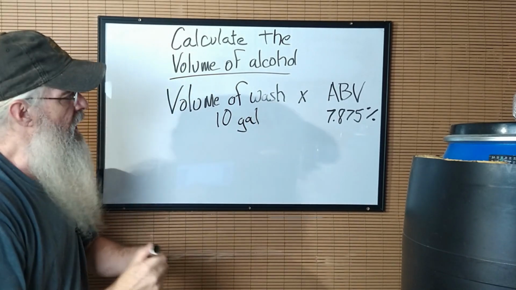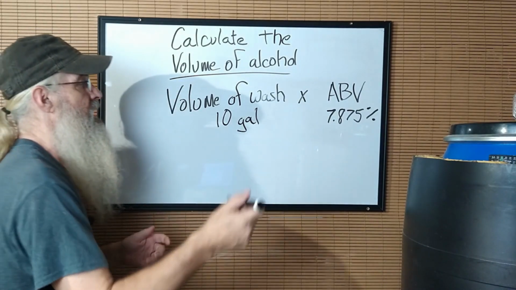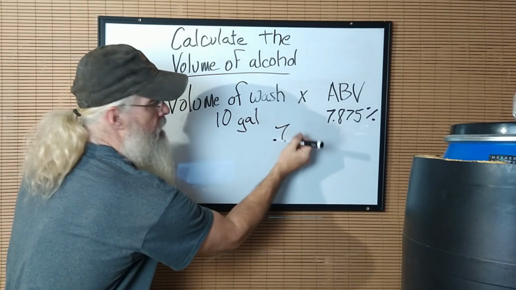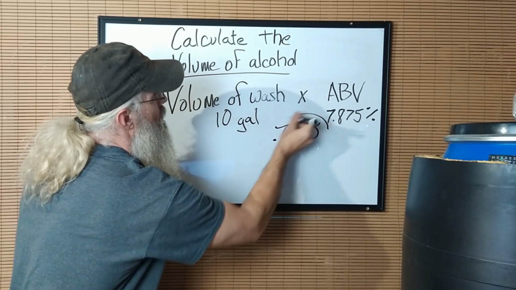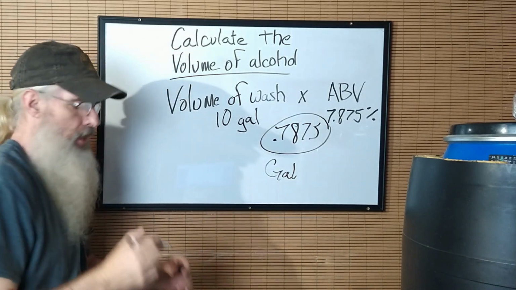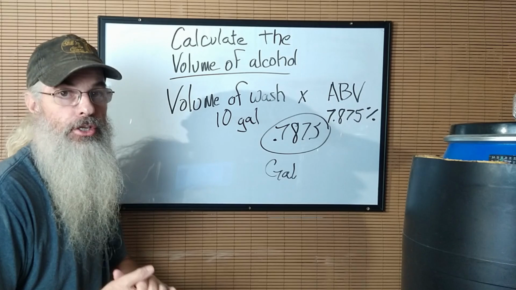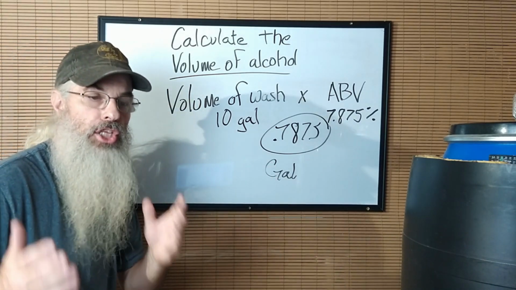We're just going to multiply that by 7.875%. That is going to give us 0.7875 gallons. Now that's pure alcohol. Now we've got one more calculation to make, and that'll tell us how much yield we can expect.